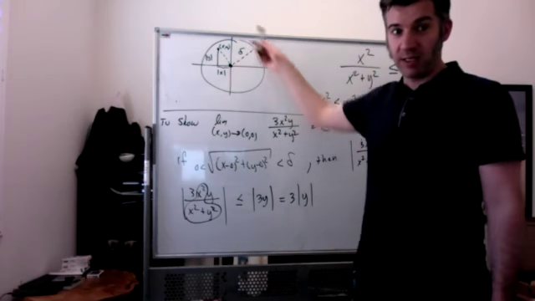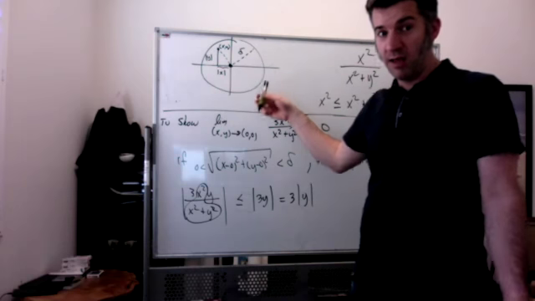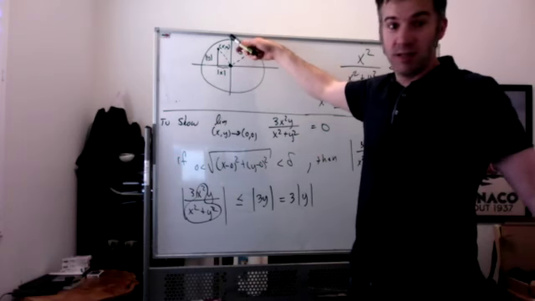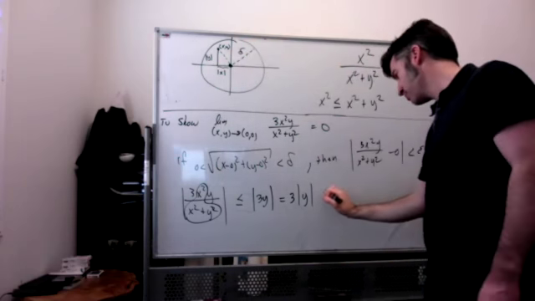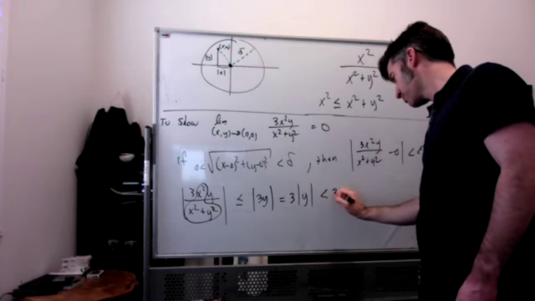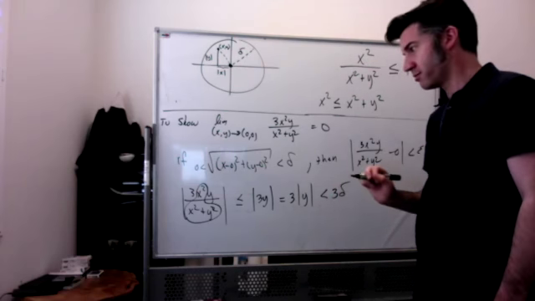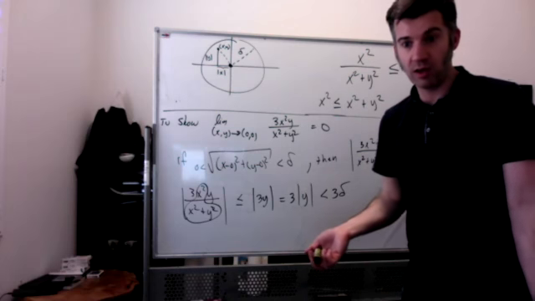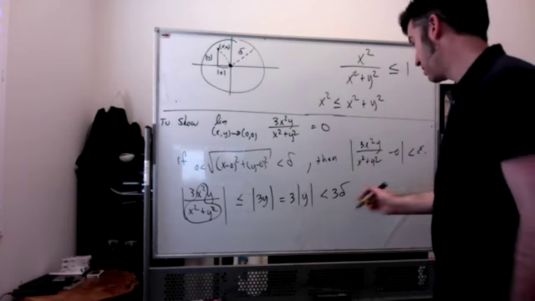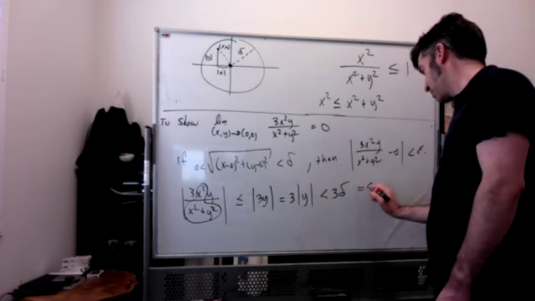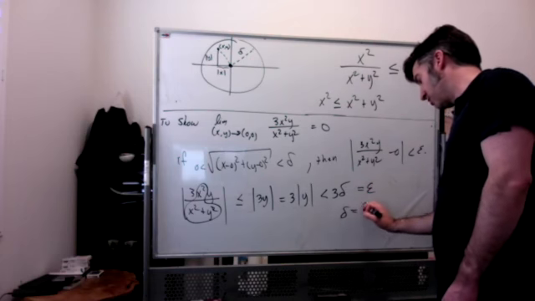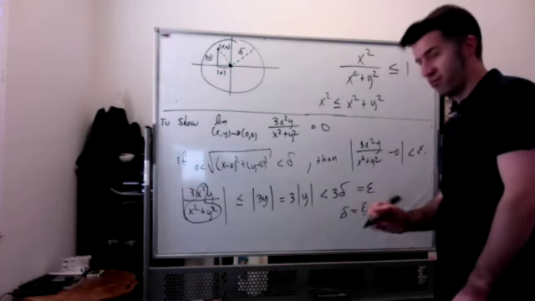If your point xy is within this circle of radius delta, then the biggest y can be is delta. So look, we've shown that delta needs to be equal to epsilon over 3.